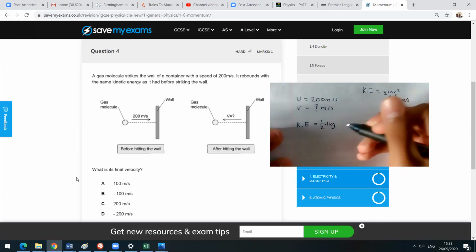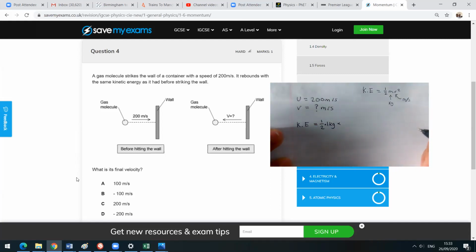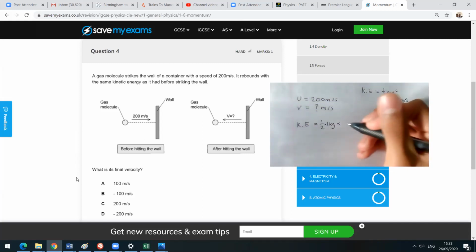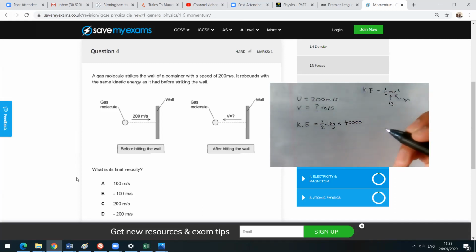1 kg times our velocity, which is 200. So 200 squared is.